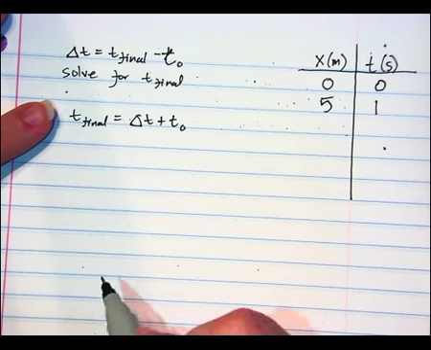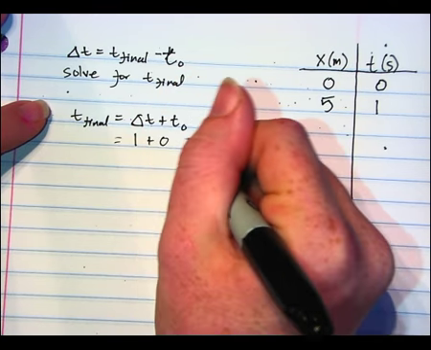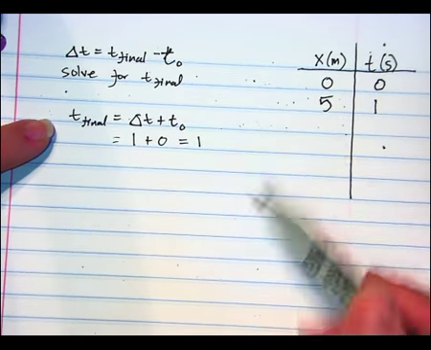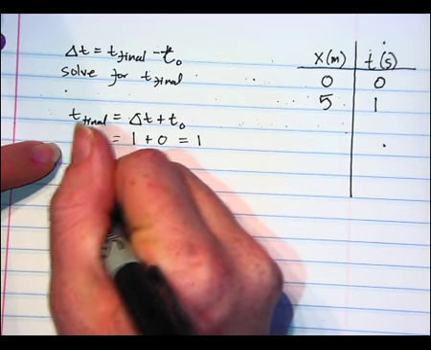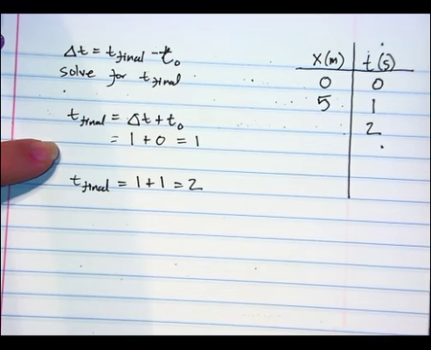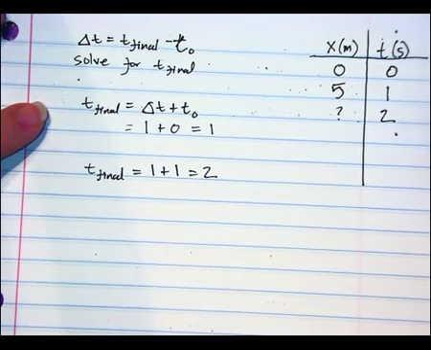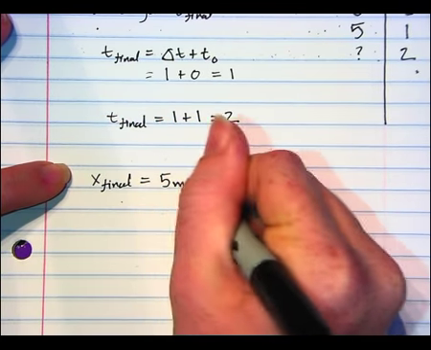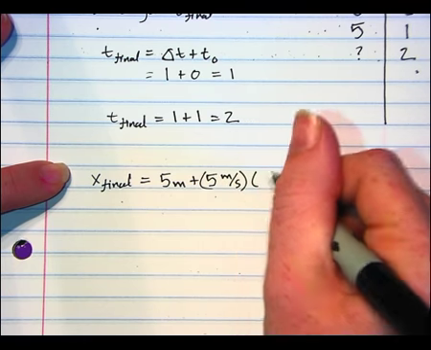We're going to solve for time final, the same way as solving for the final position. Then to get to the next time that we'll be looking at, we'll do 1 plus 1, the time interval plus the last time, and we'll get 2.